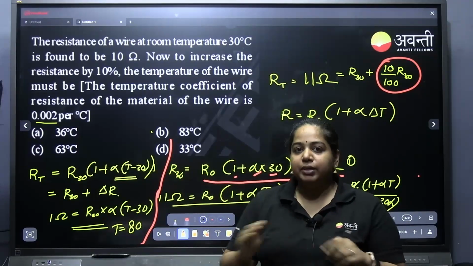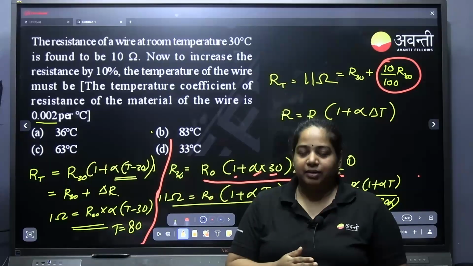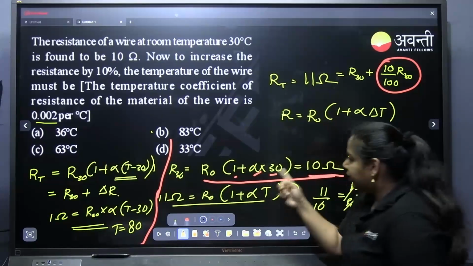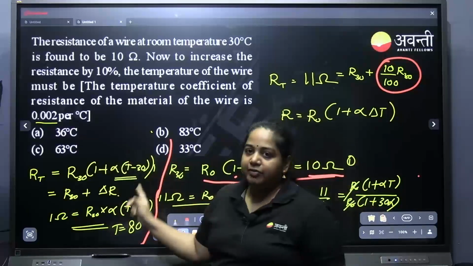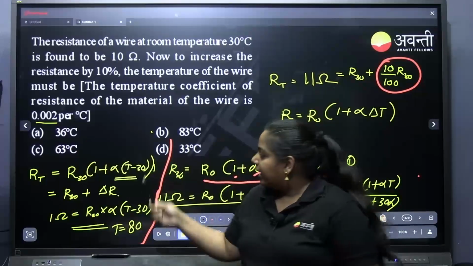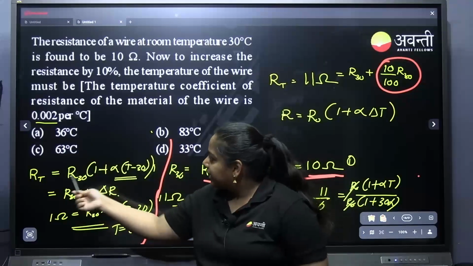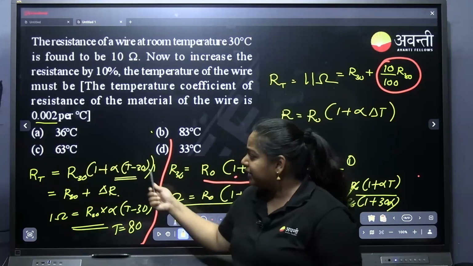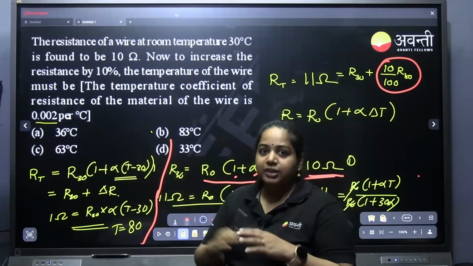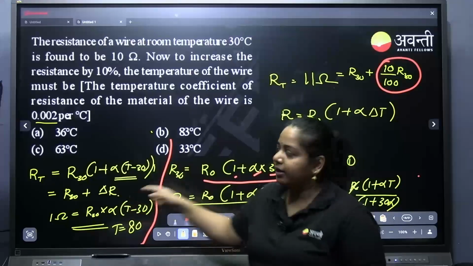So the change in temperature will be T minus 30. Here it is T minus 0, and there 30 minus 0 was coming. Instead, directly it will be T minus 30. If you open the bracket, it is R30 plus delta R, the change in R, that will come, right?